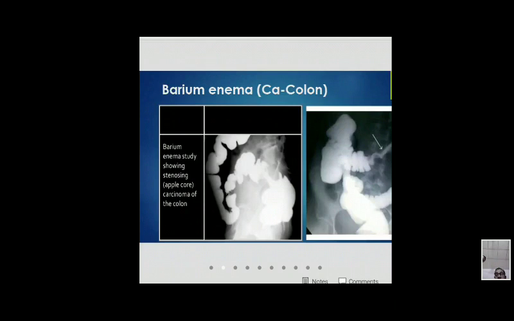So left colonic carcinoma easily presents with obstructive features. Clear? Carcinoma rectum easily presents with fresh bright red per-rectal bleeding with tenesmus, mass, and diarrhea. So what is tenesmus?